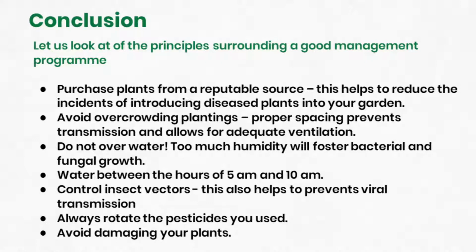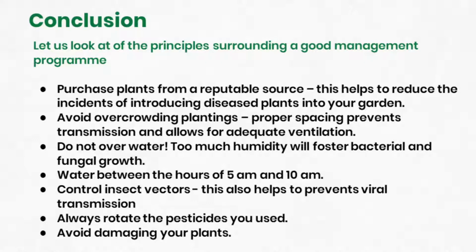The majority of orchid problems will arise from too much watering. You must manage your watering. Water between the hours of 5 a.m. and 10 a.m. Control insect pest vectors, because as we highlighted in our first presentation, that focuses primarily on controlling insects, insects have the ability to transmit certain diseases.